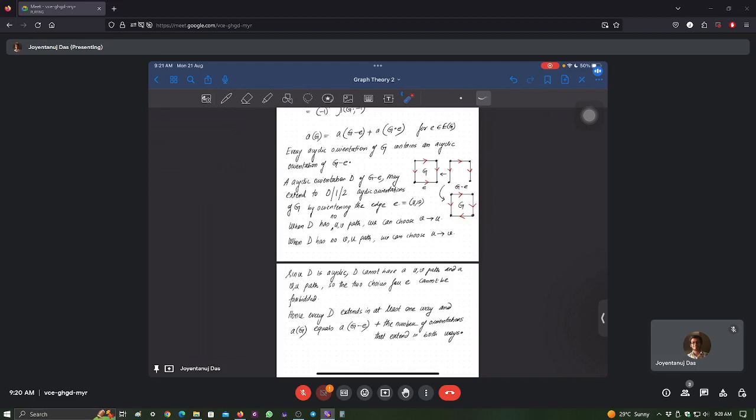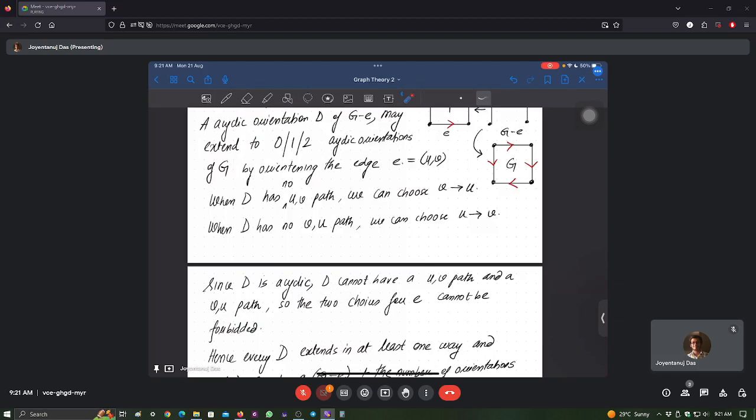So how can we count? In the original graph, if I merge these two edges, that is the edge contraction, then I have a triangle, right?